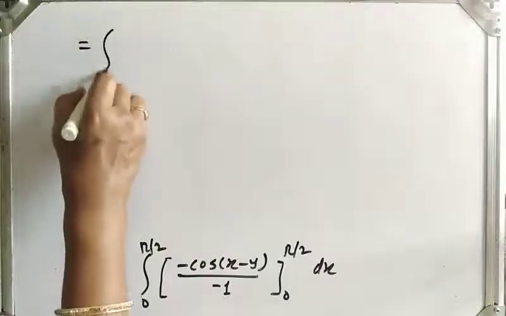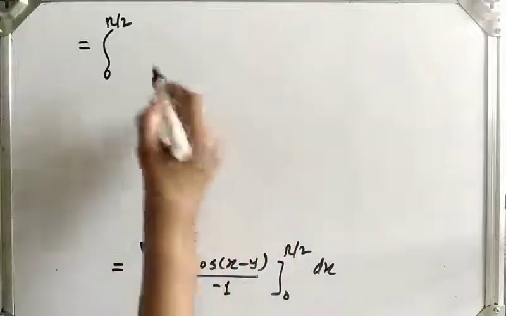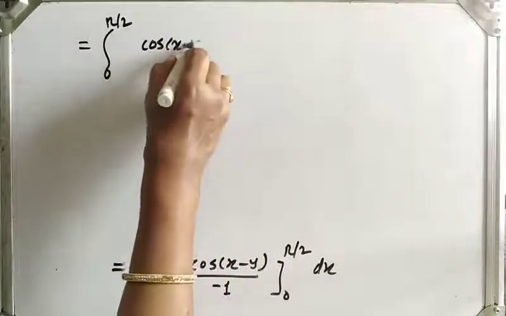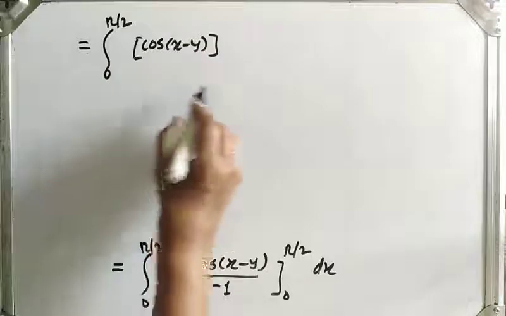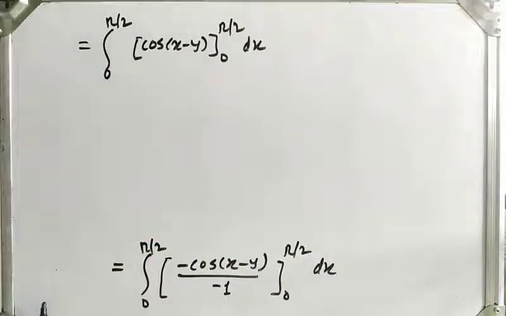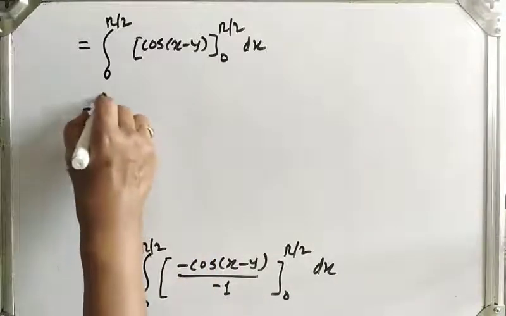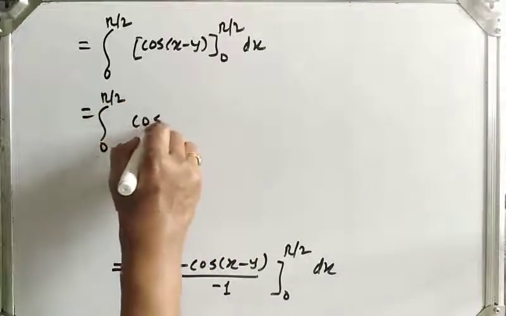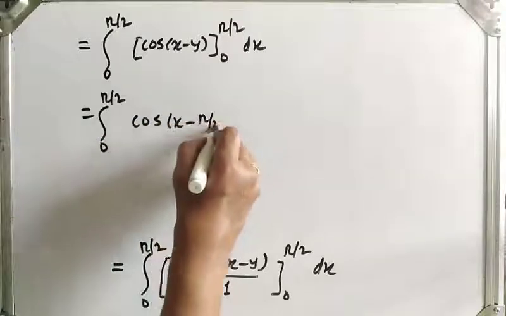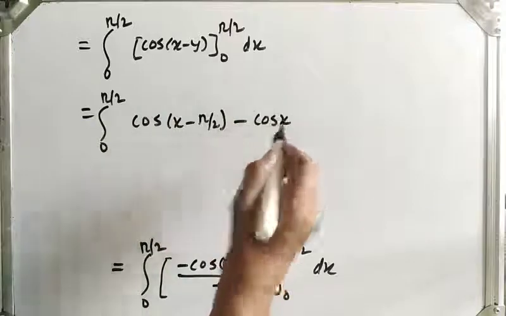which is equal to integration 0 to pi by 2, this minus minus will be plus, so cos of (x minus y) with limits 0 to pi by 2 dx. So let us substitute the limits. Applying limit 0 to pi by 2, cos of (x minus pi by 2) minus, after putting 0, minus cos x.